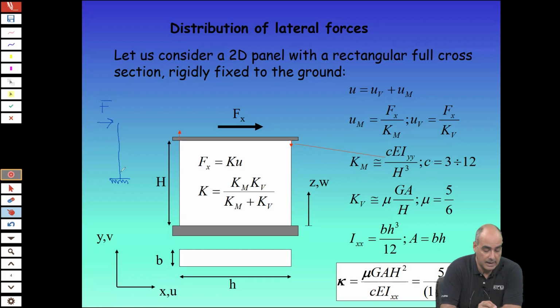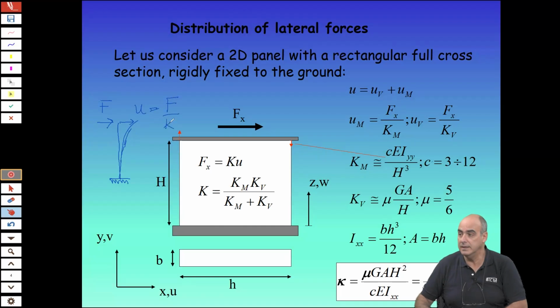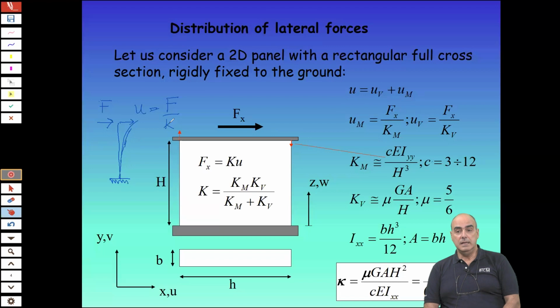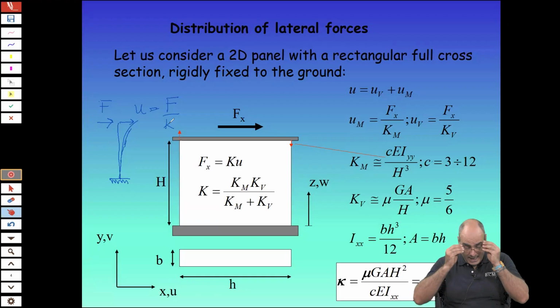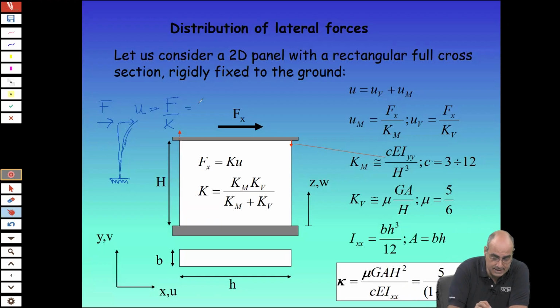And I can say that it deforms in this way, and this displacement U is equal to the force divided by the stiffness that we indicate with K. Now, if you go back to your structural mechanics handbook, you also find that this displacement U is F, if this is capital H, H to the cube divided by 3EJ.